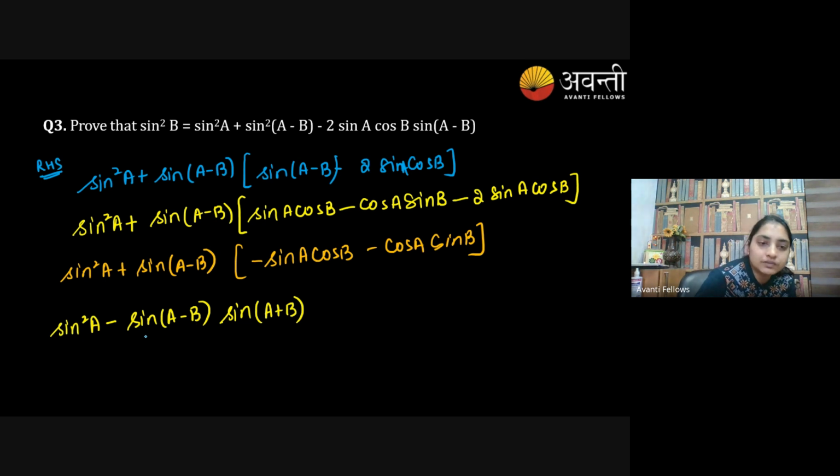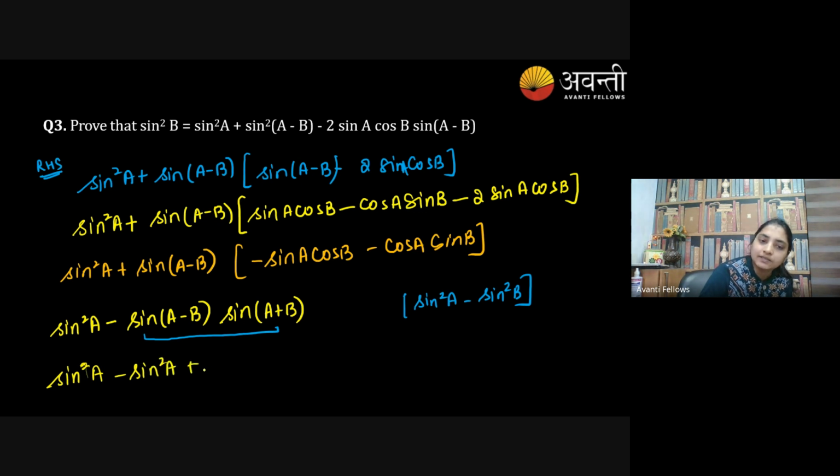So does anyone remember that we have done the special formulas? That when you have sine a minus b, sine a plus b, it will be sine square a minus sine square b. Remember? So it will be sine square a minus sine square a plus sine square b.